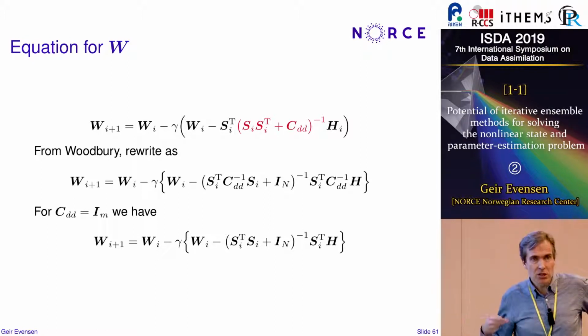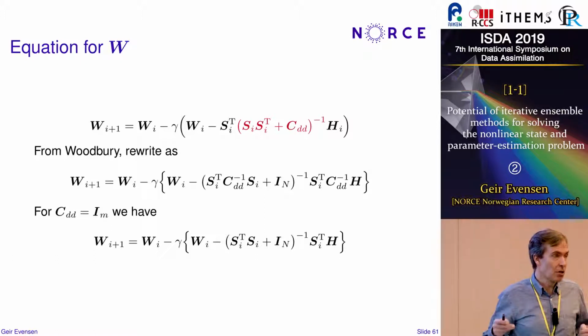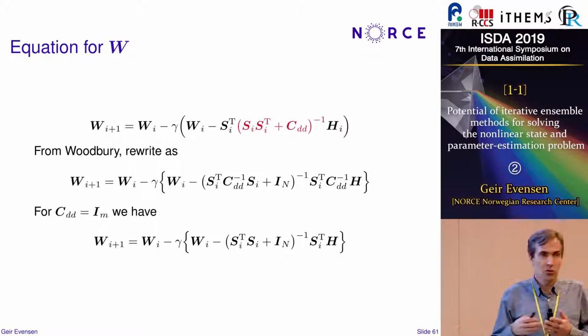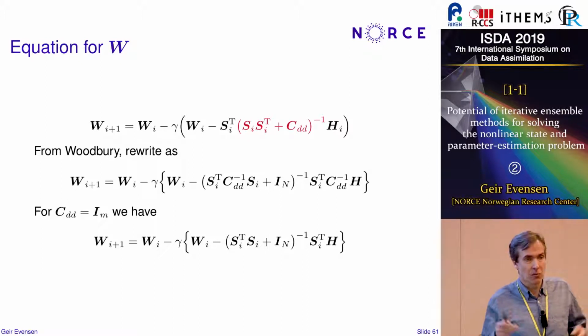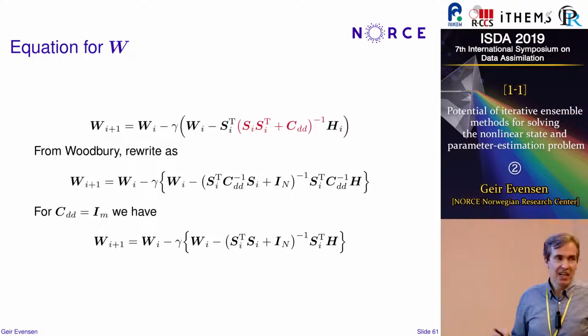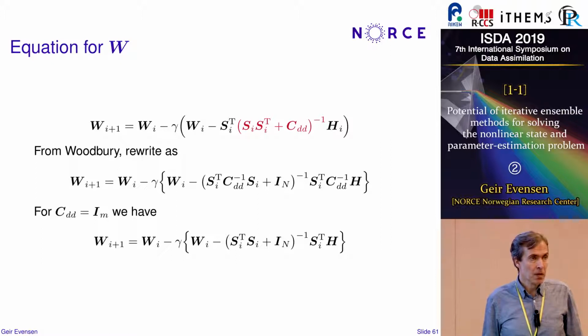And the simplest way to do that is to assume that it's diagonal, because then it disappears and you get this simple matrix to invert, which is the size of the ensemble. And it's stable. In the case with a diagonal error covariance matrix, and you scale it with the standard deviation of the measurement errors, you get this simple equation. But now you have neglected correlations between measurement errors.